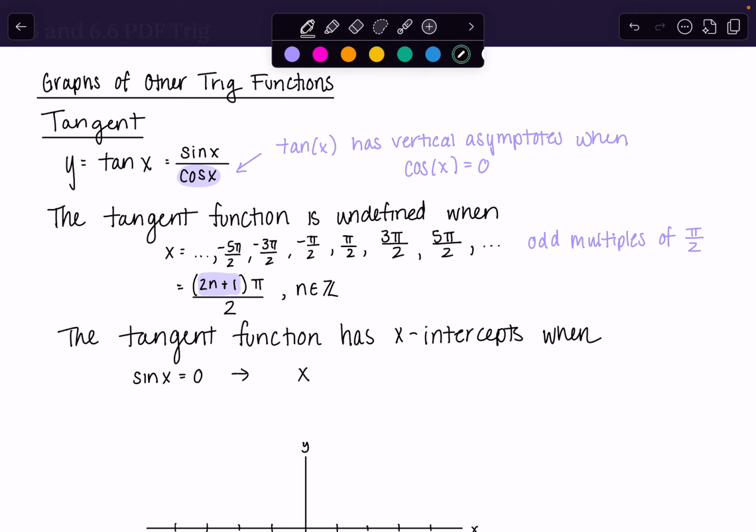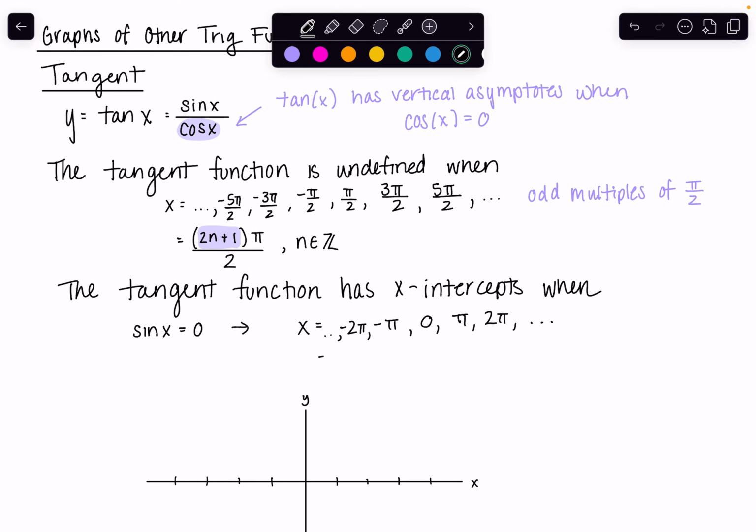Really this is any multiple of pi. So we write that as n times pi, where n is any integer value.